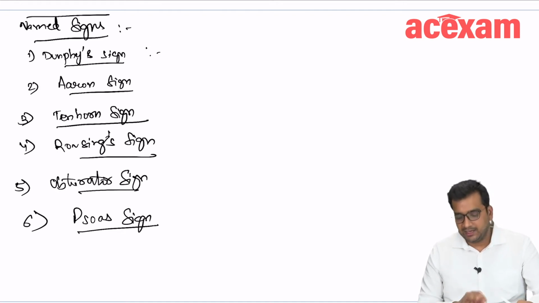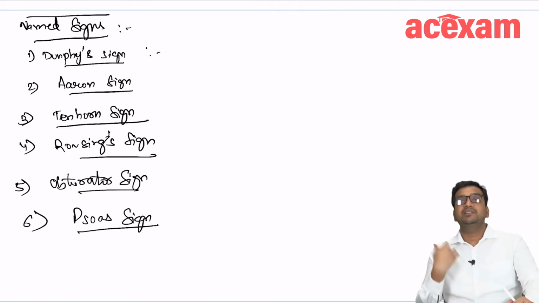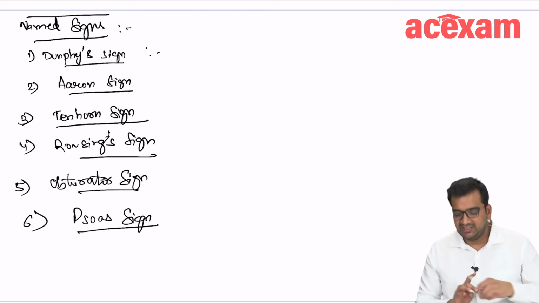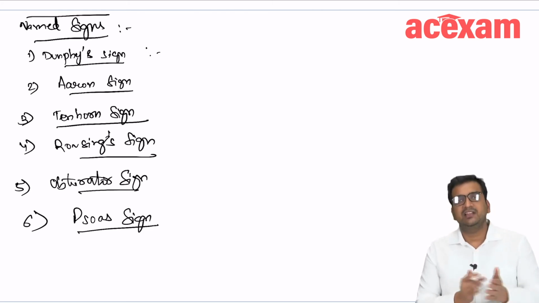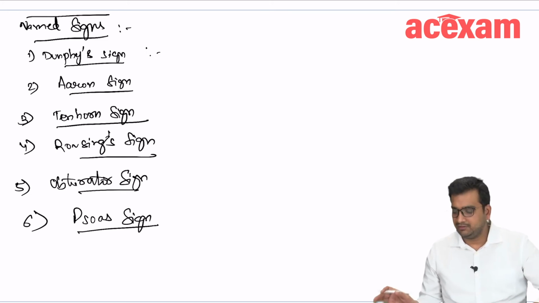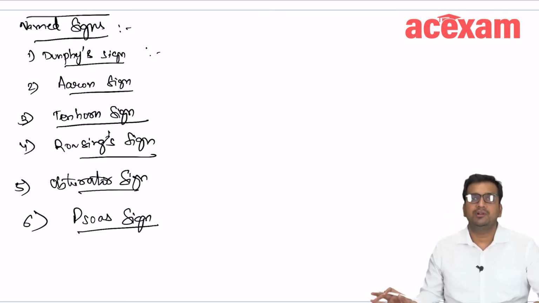Along with that, if the patient coughs, at that time also the patient will feel pain. Okay. So all these signs are given different names. There is nothing special about these signs. This is a normal finding, but from the MCQ point of view, it is important to remember.